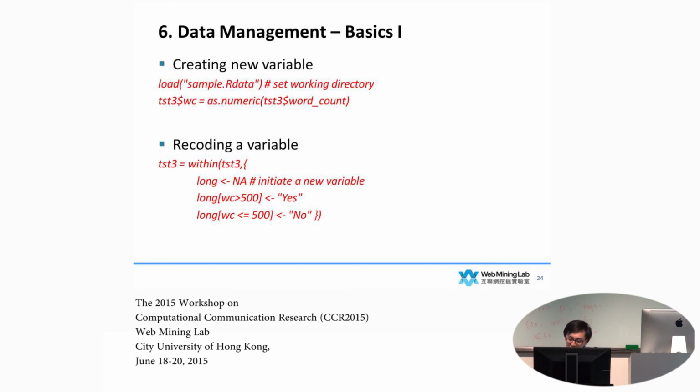When you don't know what values you should assign to this new variable, the best choice is just to assign a missing value to them, right? And second is non, WC, and WC larger than 500.